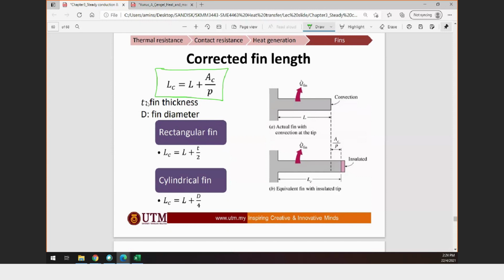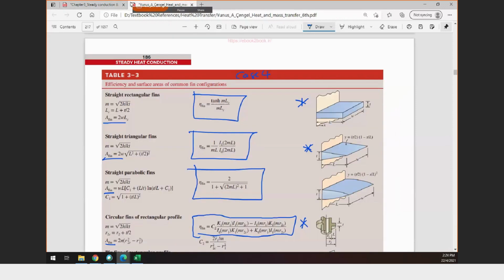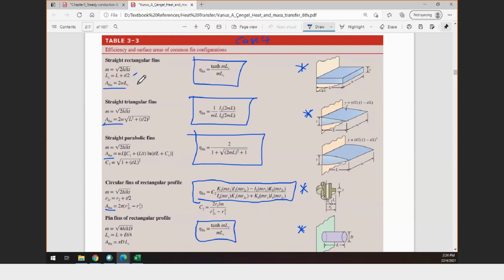Ac is the cross section of the fin, and P is the perimeter of the fin cross section. In fact, it is given in the table as well, here and also here.